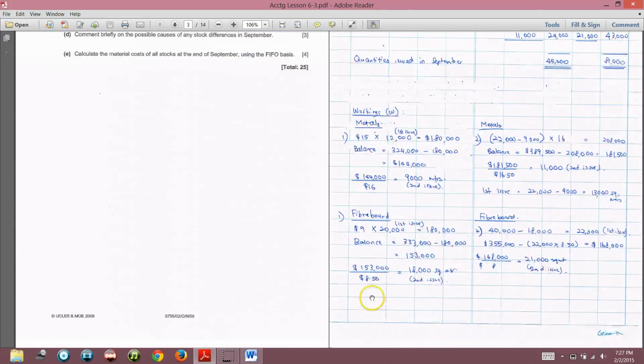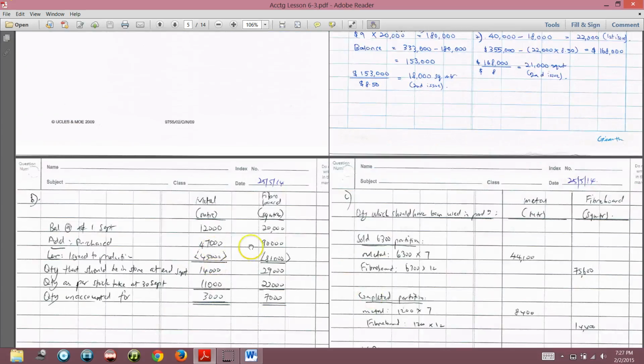How much metal was purchased? The total purchase for metal in September is 22,000 plus 25,000, so the quantity purchased is 47,000. For fiber board, the quantity purchased is 40,000 on 8 September plus 50,000, that is 90,000.